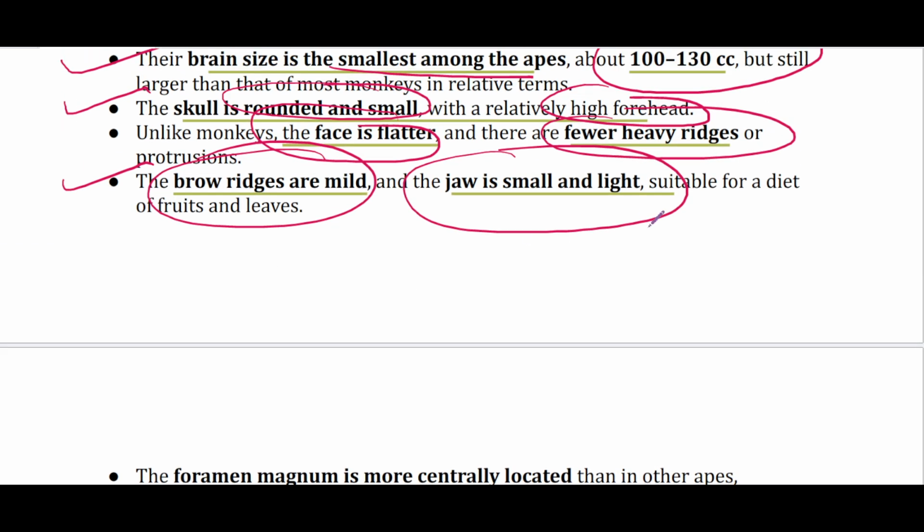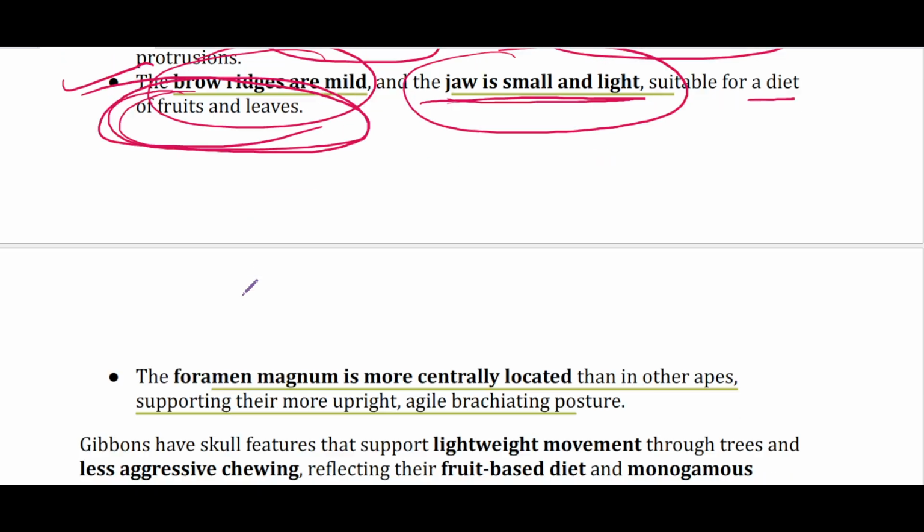And again, if jaws are light, it means they are not eating any tough chewable material. तो यहाँ पे light jaws है, so diet जो है fruits and leaves की.